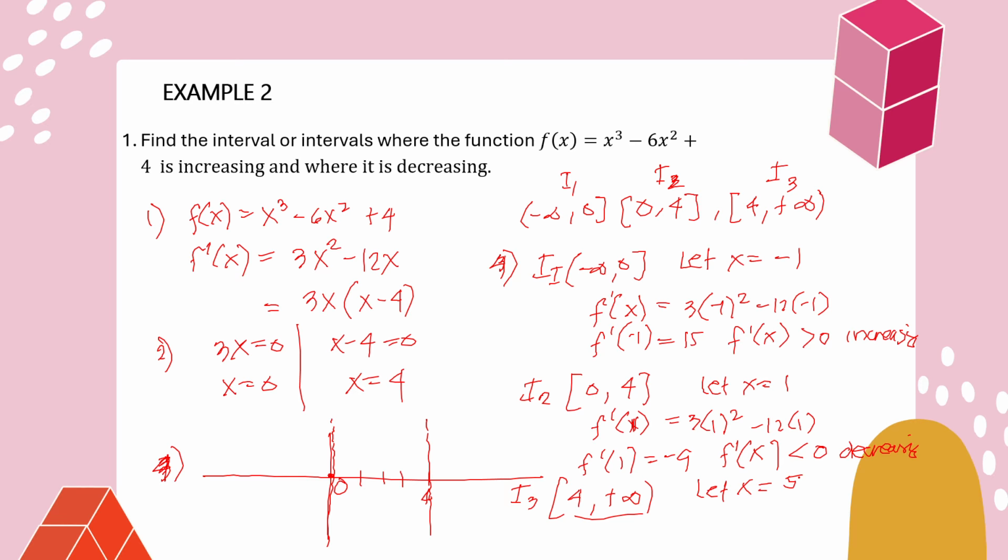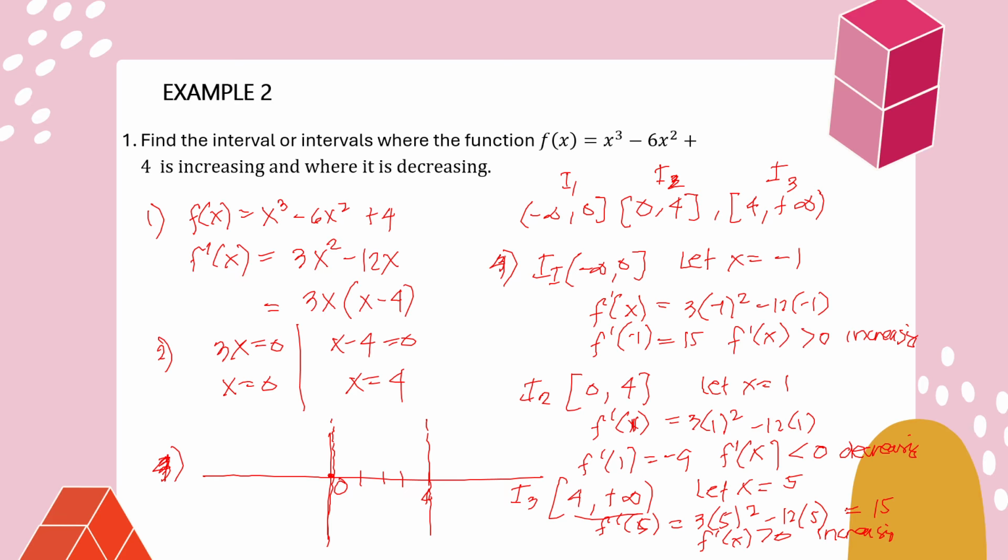When we substitute the value 5 here, 3 times 5 squared minus 12 times 5, the resulting value is equal to 15. If that is equal to 15, we could deduce that the function is greater than 0, so therefore this is increasing in this particular interval.